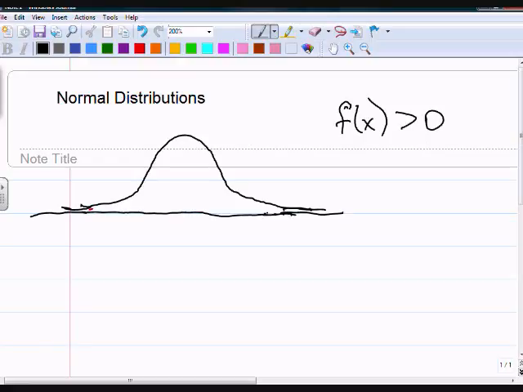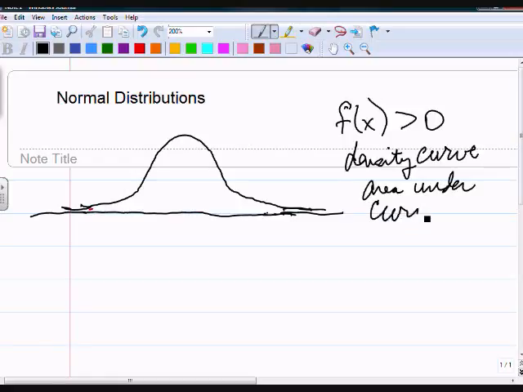And this function is a density curve. And so the total area under this curve is equal to 1.